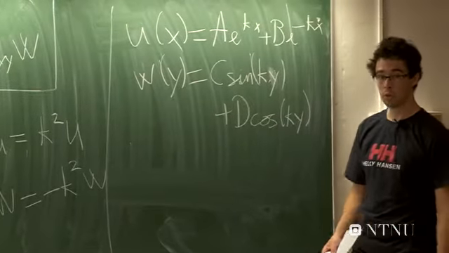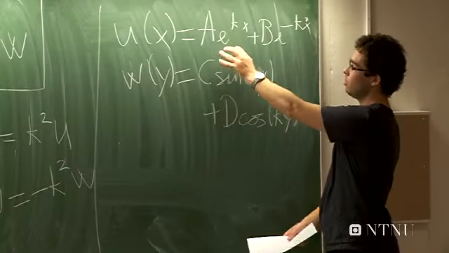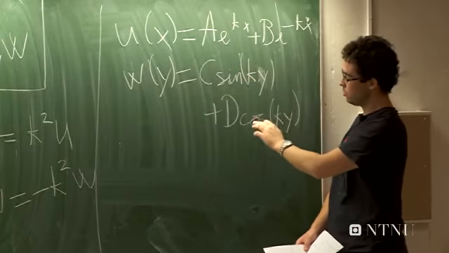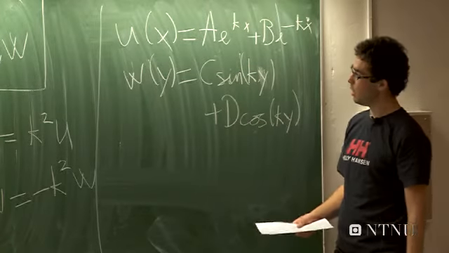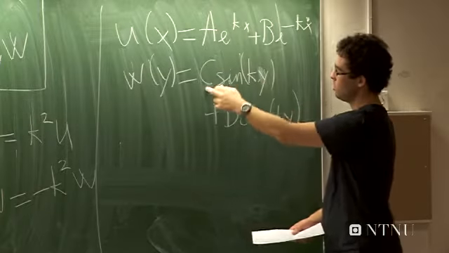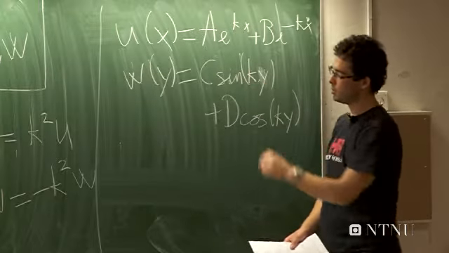And now I know what the solution is going to look like. It's going to be a product of two exponentials and two sine cosine functions. So now I have to just figure out what a, b, c, and d are, and the k.